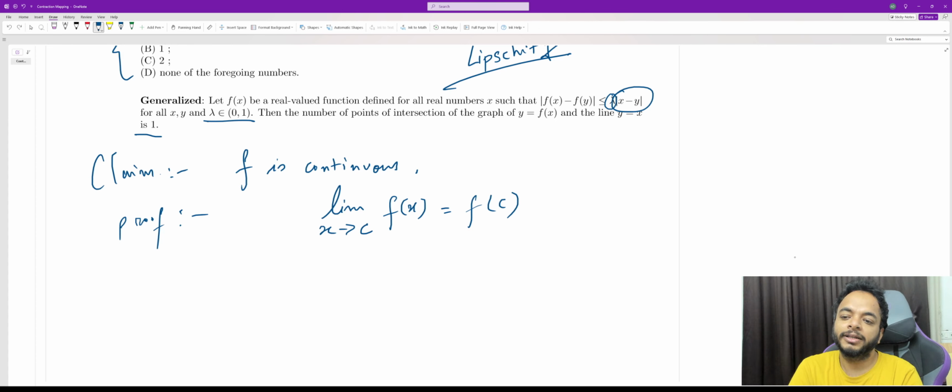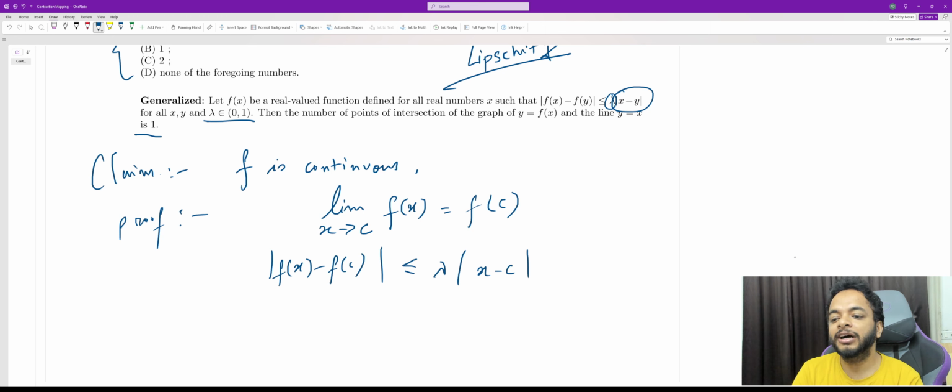So now let's see. The condition that is given is valid for any two points in its domain, so let's replace y with c. So |f(x) - f(c)| is less than or equal to lambda times |x - c|. Now you see that if x is tending towards c, then it implies that |x - c| is tending towards 0.